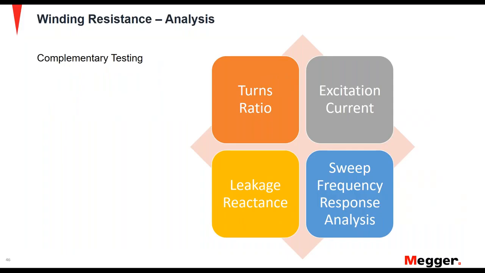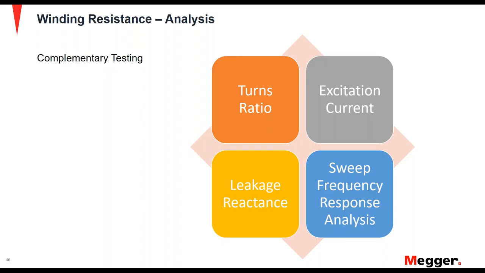Now, it is very natural that depending on field testing, depending on the type of transformers, you could have situations where the results are not within the acceptance criteria. So if that is the case, there are other complementary tests that should be performed to get a better understanding of your winding condition. As we discussed in the beginning of the seminar, you have the turns ratio test that will give you an idea of the winding health. In addition, we have the excitation current test that we discussed a while ago.